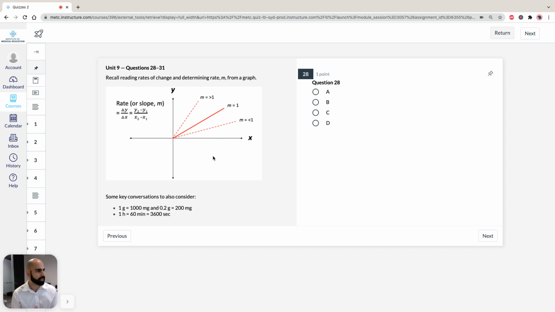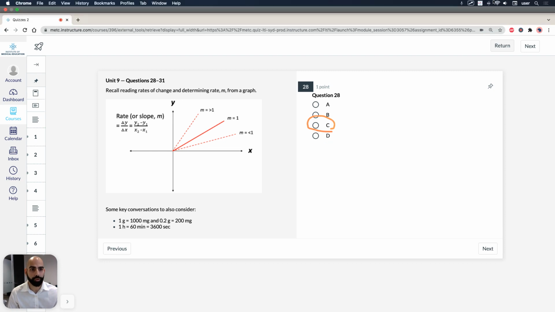It increases by about 7 degrees in 1 minute, whereas the rest are less than 7 degrees. I think the next best would be the initial temperature of 25 degrees, which is about 6 degrees. And the least, initial temperature of 15, is only about a 2.5 degree change. So the answer for 28 is going to be D.